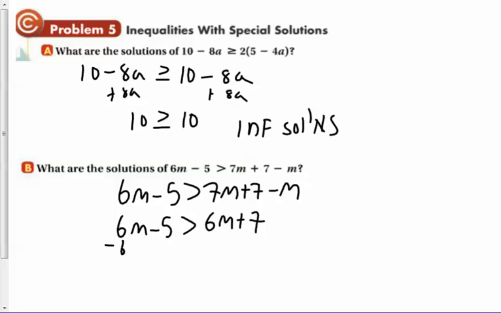Then I subtract 6m from both sides, and now I have negative 5 is greater than 7. Well, that's not true at all, so this is no solution. You should have a Got It. Why don't you take a moment or two to do that Got It, and I'll see you here in a second.